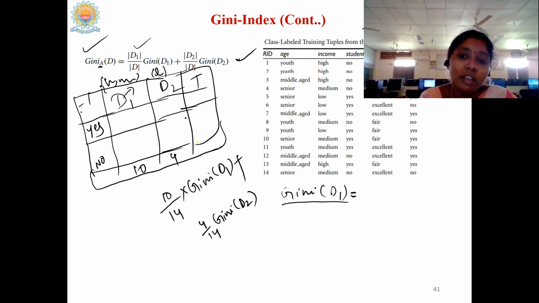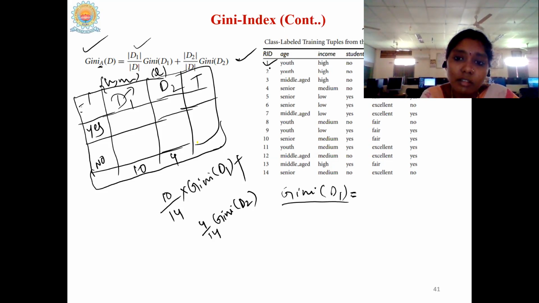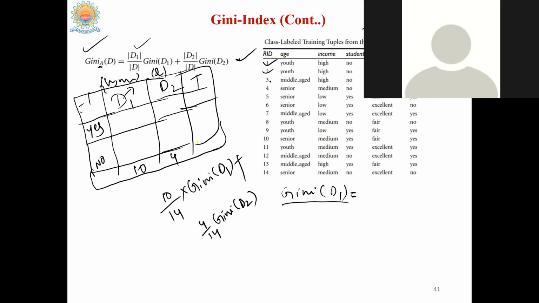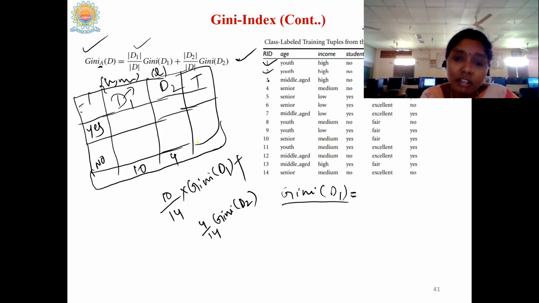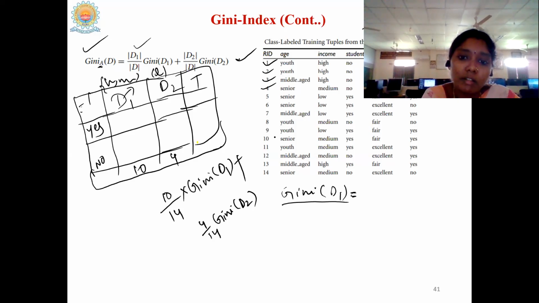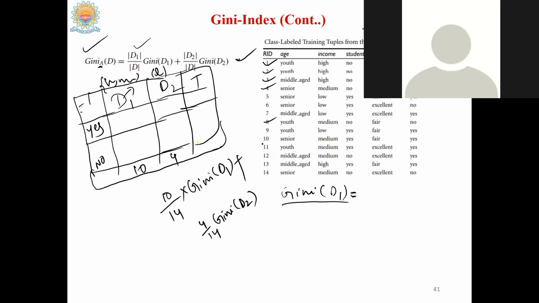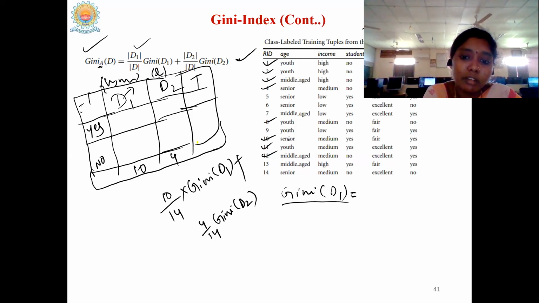So how many S tuples are there in D1 partition? First of all, let me tick the D1 partition tuples, right? Next, tell me the RIDs. 3, next 4, 10, 11, 12, 13, 14.